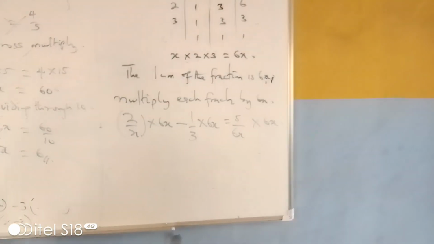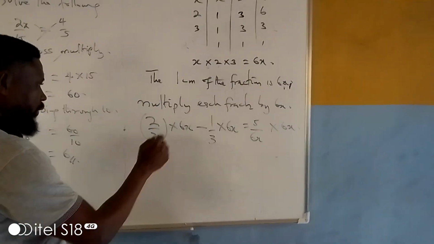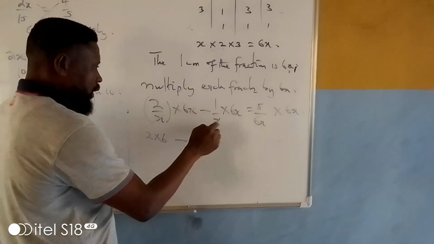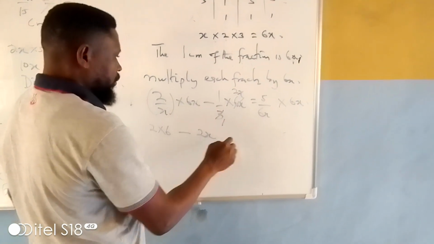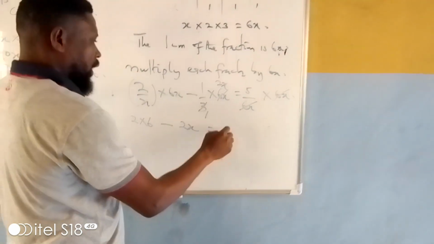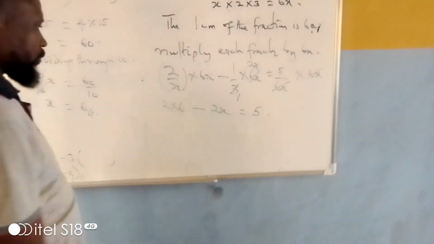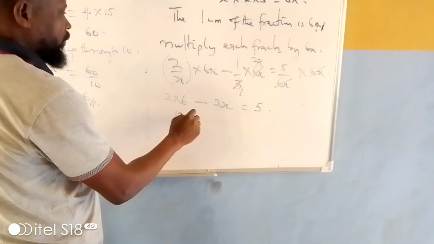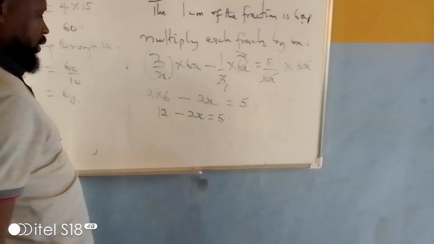So going by this, of course, as we cancel x here, you're left with 2 times 6. Minus, 3 goes into 6 two times, so you're left with 2x here. And over there, 6 cancels 6, you're left with 5. So 2 times 6 will give us 12 minus 2x equals 5.